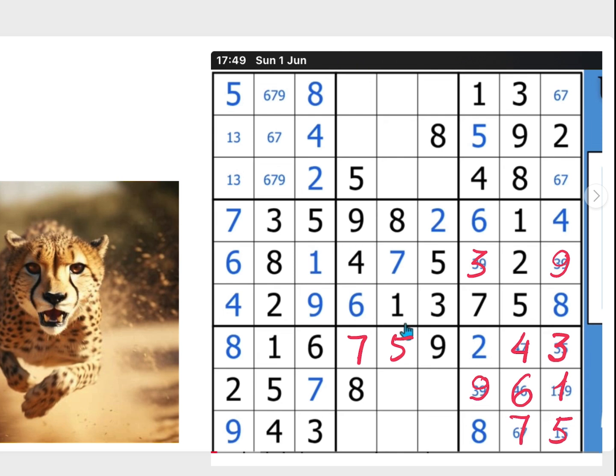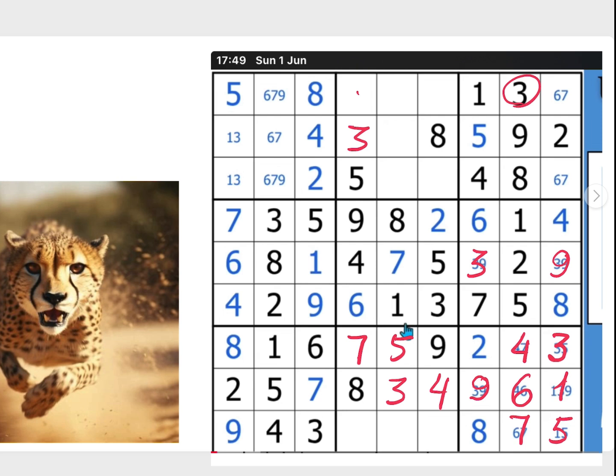I can find numbers here, 3 and 4. Then I have this 2 3, so it means I don't have numbers here, and because of this 3, I should have 3 only here.